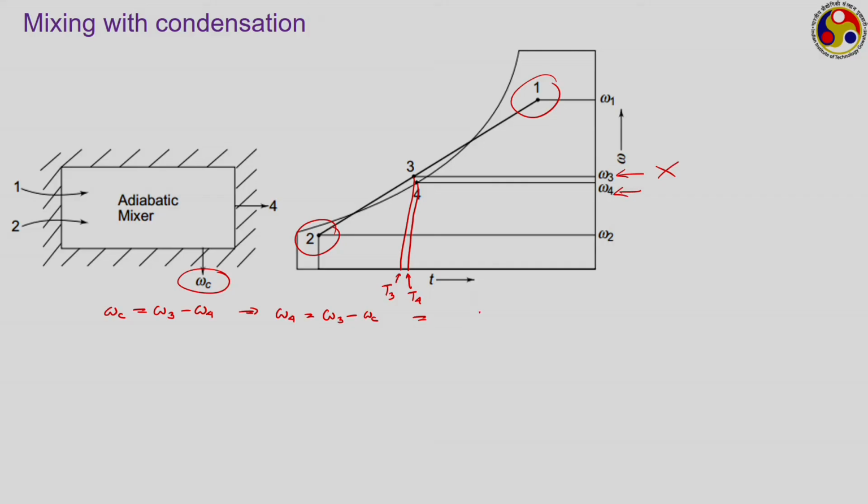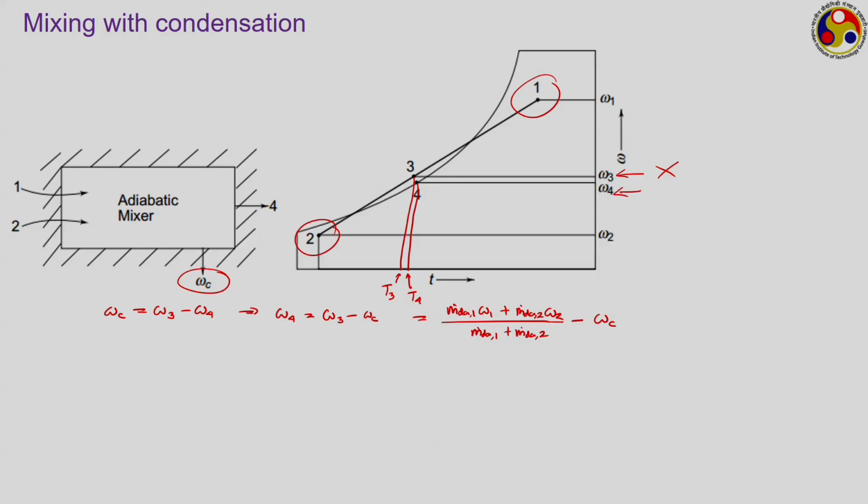From the previous analysis, we know that omega 3 can be written as m dot dry air 1 omega 1 plus m dot dry air 2 omega 2 by m dot dry air 1 plus m dot dry air 2, and minus we have the omega c. So, from measuring omega c, you can identify the location of this point number 4.